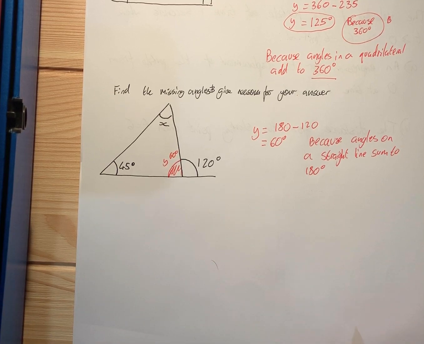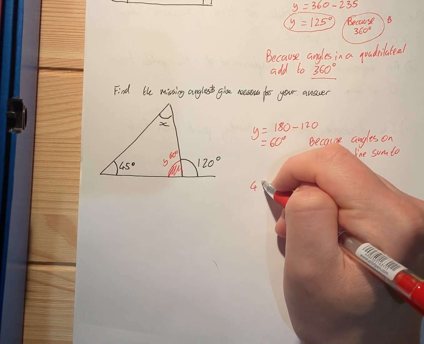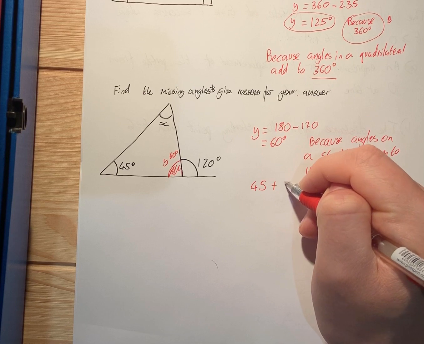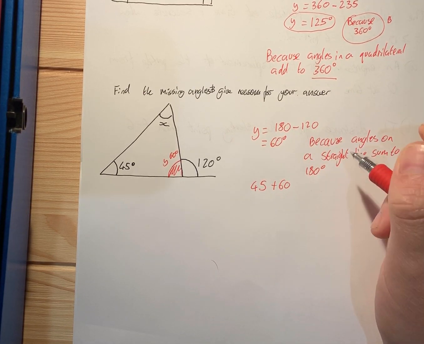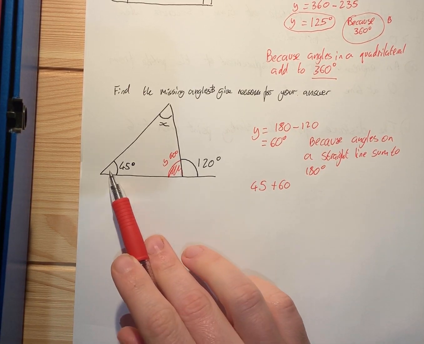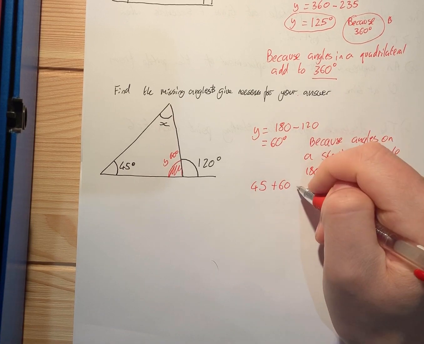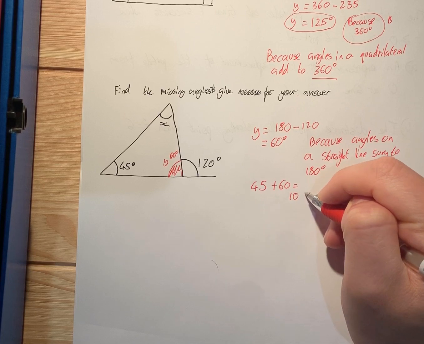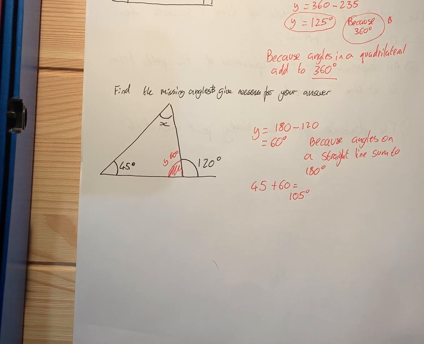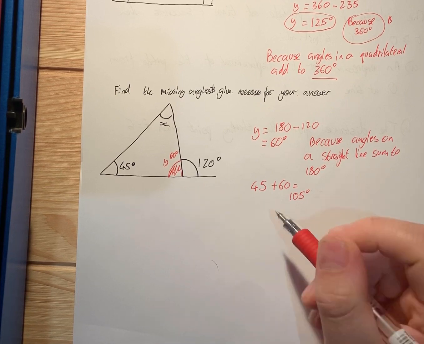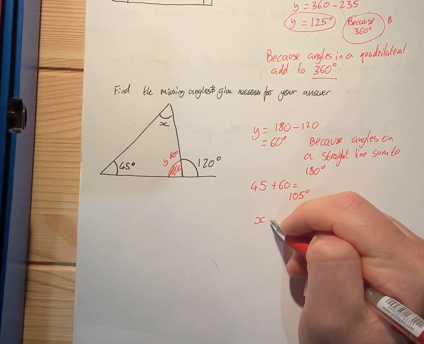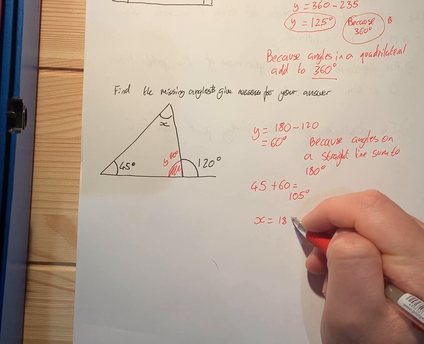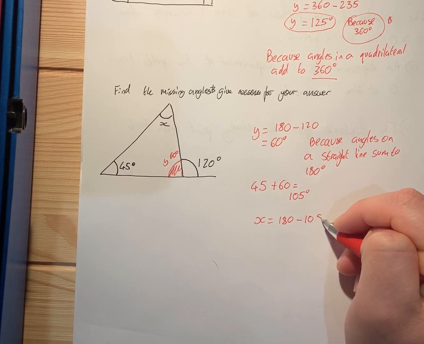So we now know that that is 60 degrees. From there, I can say 45 plus 60. Add those two together, that gives me 105 degrees. So to work out the final answer, x equals 180 minus 105.